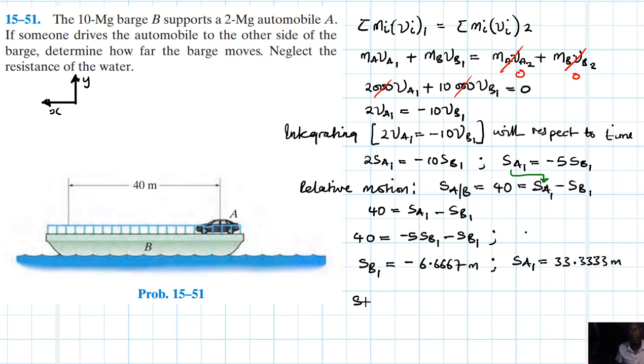So writing this properly, sB is 6.67 meters in this direction, and our sA is equal to 33.33 meters.